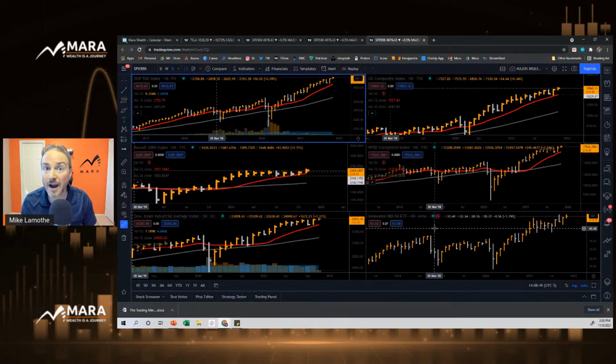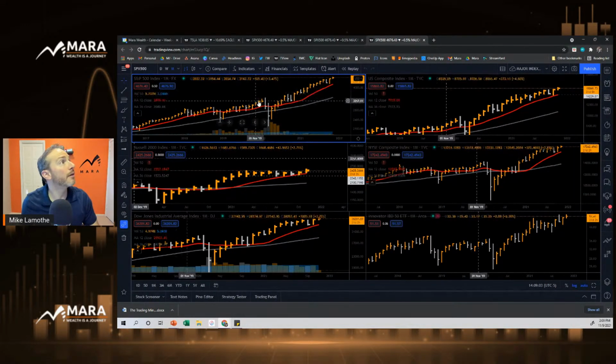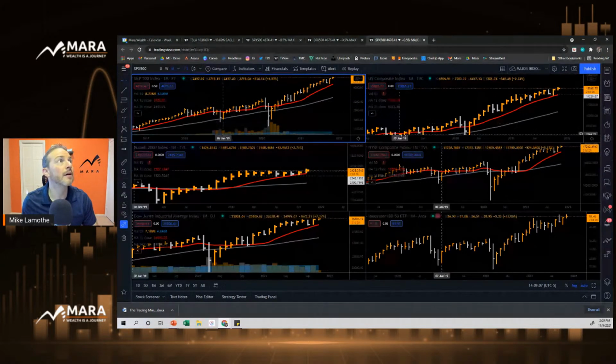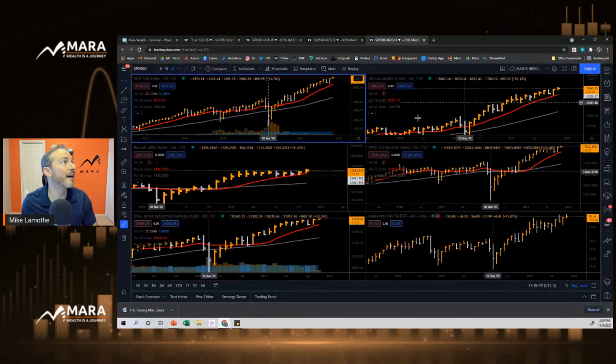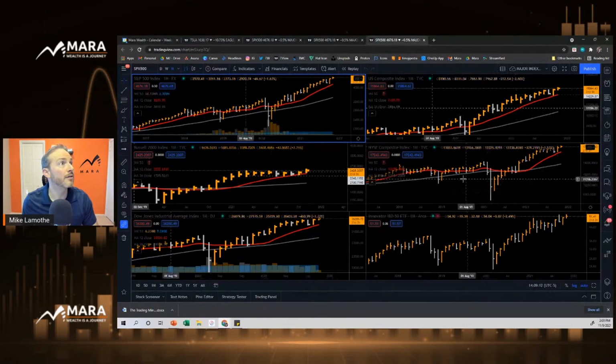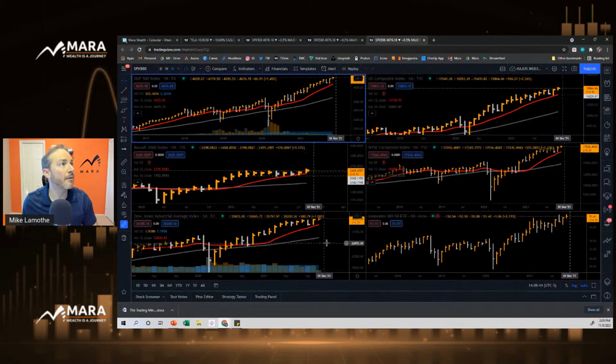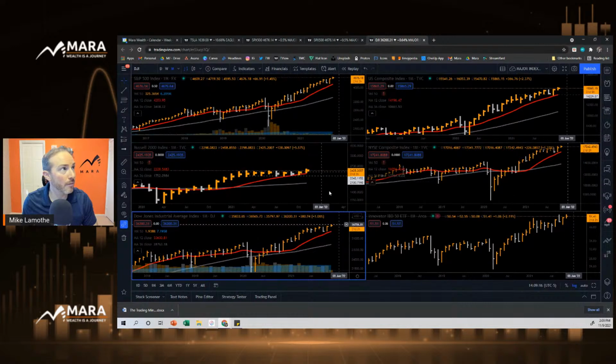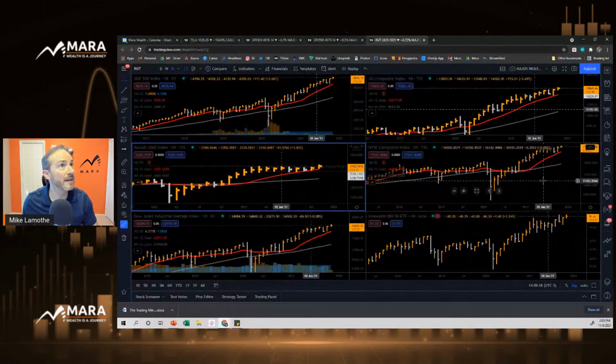Basically, it tracks growth stocks, your newer innovative companies. And so with the five major indices, you're looking at the S&P 500 up here, the Nasdaq, the Russell 2000, the New York Stock Exchange, and the Dow over here. And these are all monthly charts, by the way. You could see too, right?